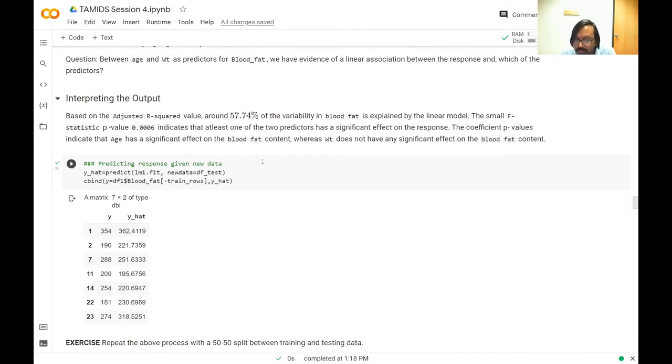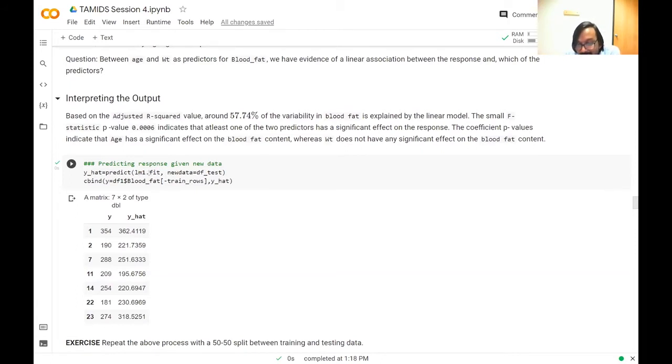Next, let us move on to predicting the response given new data. Notice that we had saved 7 observations in our df_test as the testing data, and we would like to check how well the model performed on these new observations, these new predictors.